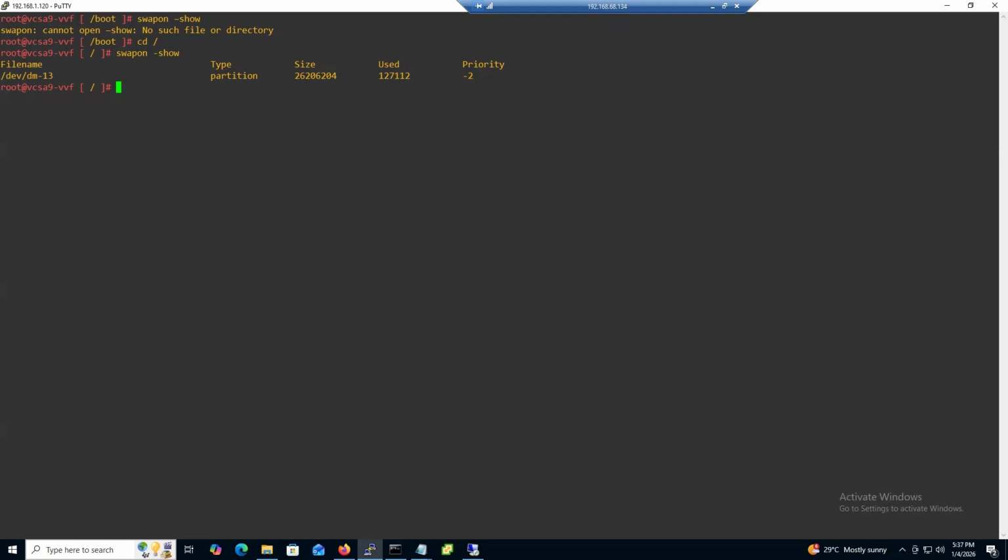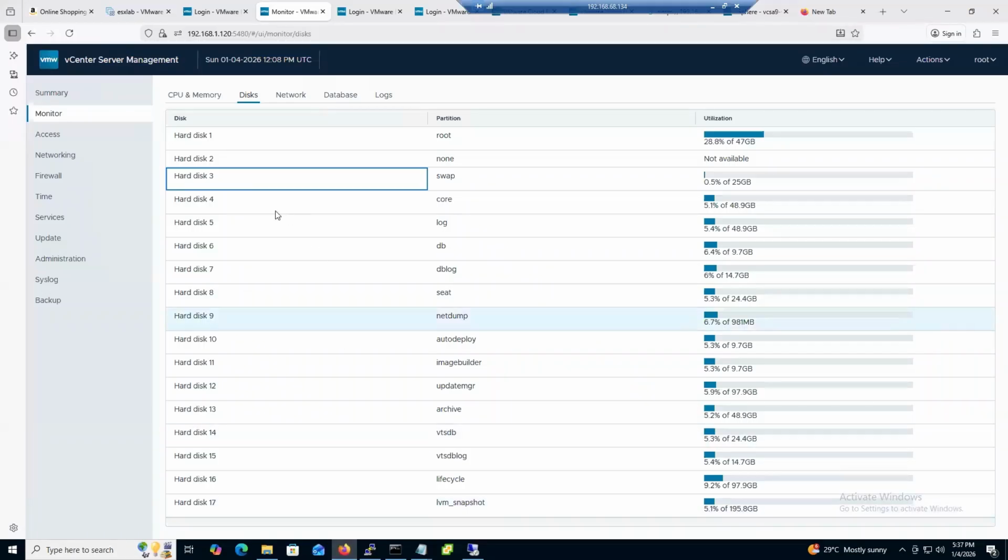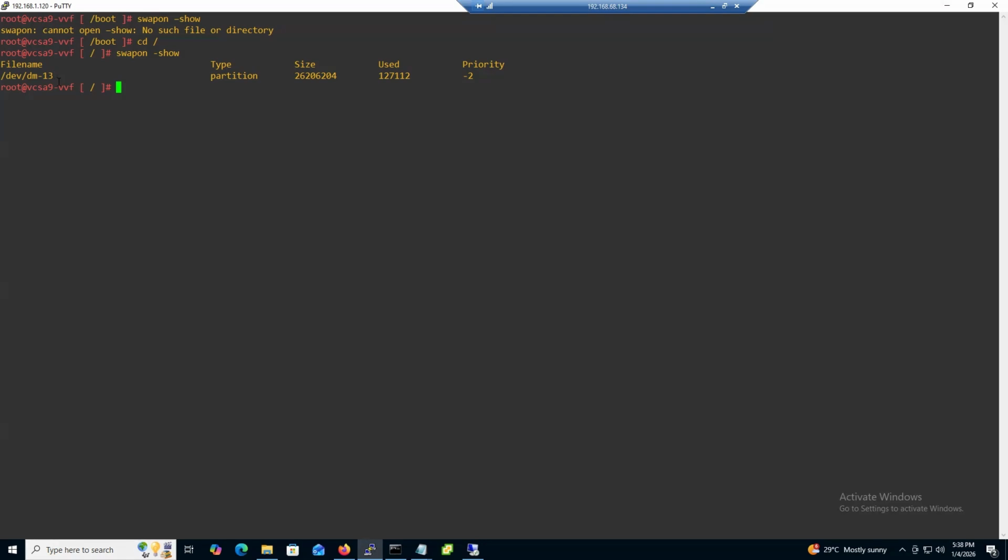What device means, here we have our hard disk 3, right? See here, we have our hard disk 3. This hard disk 3 has been used for this particular swap disk. That's what this device DM-13 points to. This is a device mapper block device.